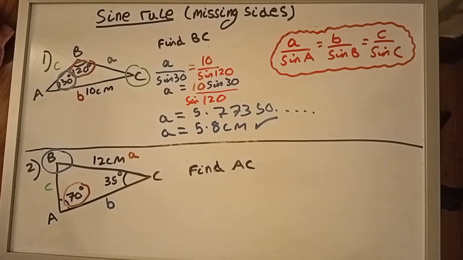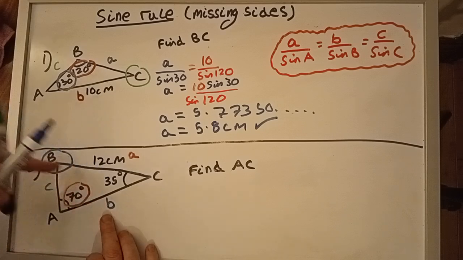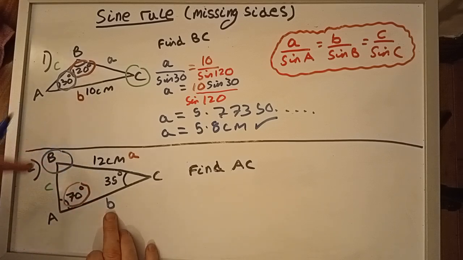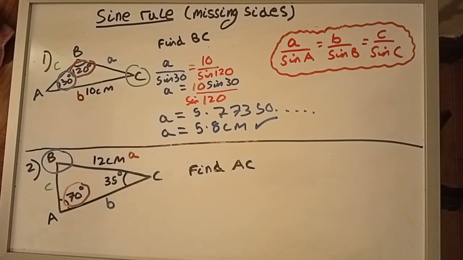Let's take a look at what we need to find. We need to find AC. Oh dear, we've got a problem because we haven't got any information for B, but we want to find b. So we need some way of finding that angle. How could we find that angle? That's right. Angles in a triangle add up to 180. So we can do a quick calculation there and work out what angle B would be.